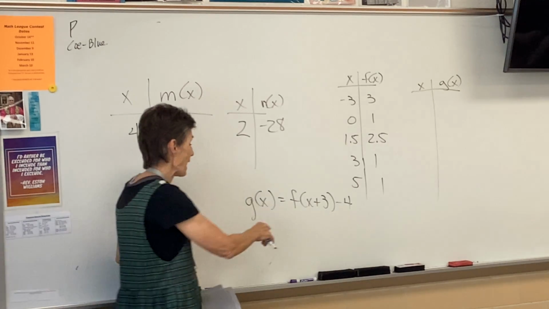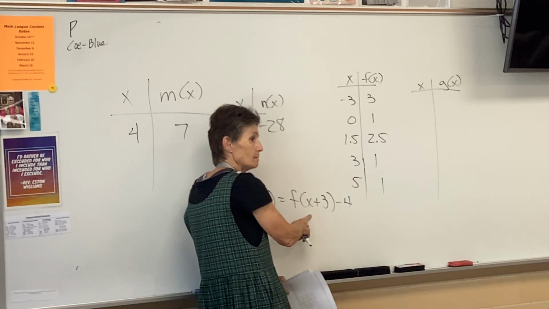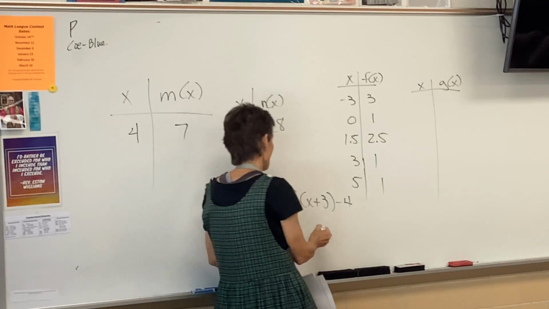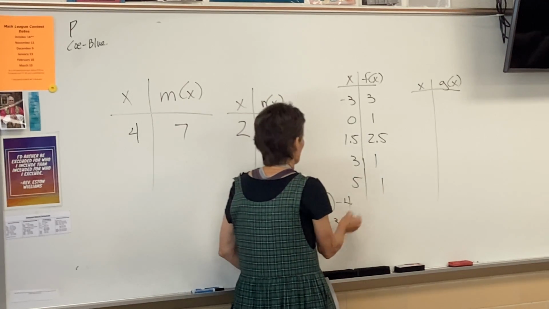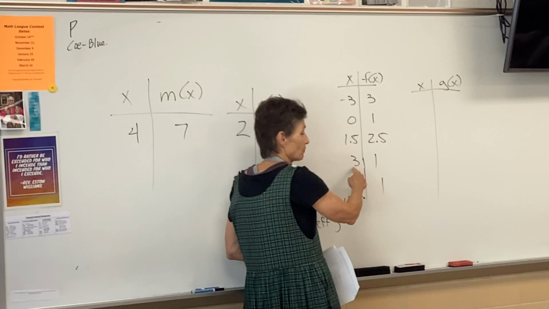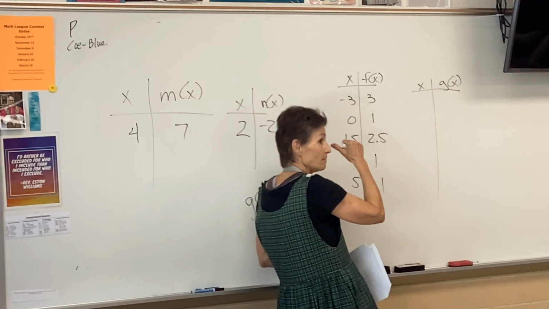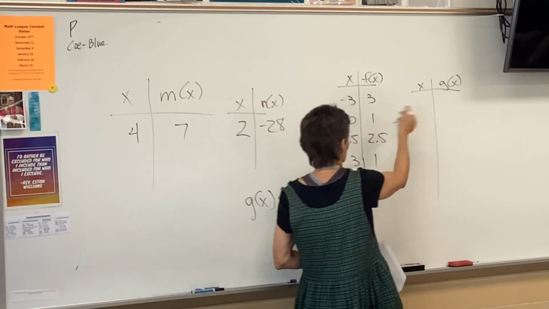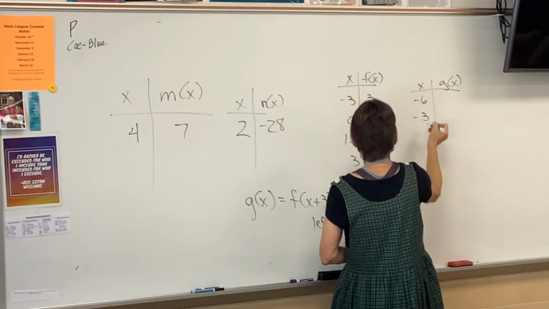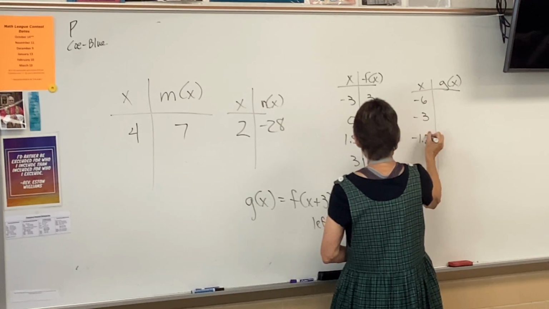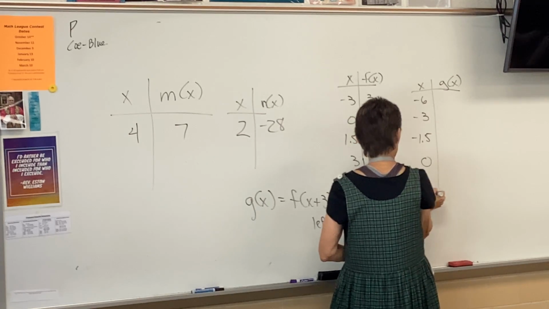All right, so what's happening? The x's are doing what? Left 3, so we're going to go left 3. All right, so if I take all these and go left 3, they're going to be, left is that way, right? Minus 3. So this is going to be negative 6, negative 3, negative 1.5, 0, and 2. How does that look?